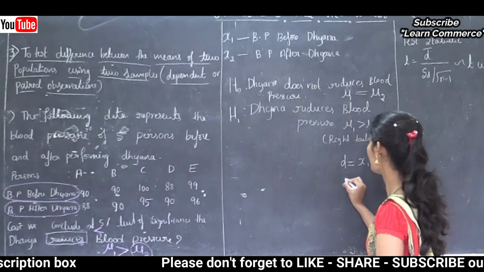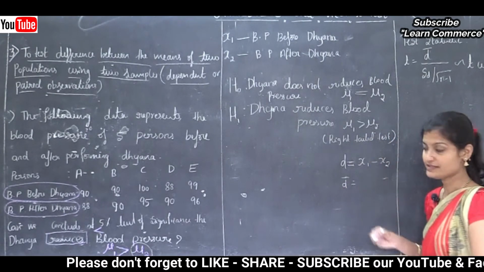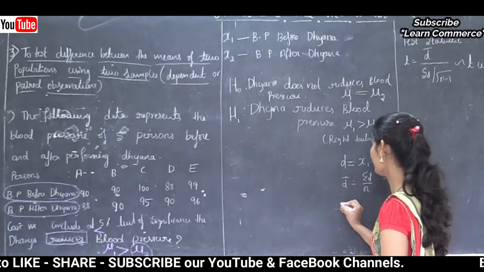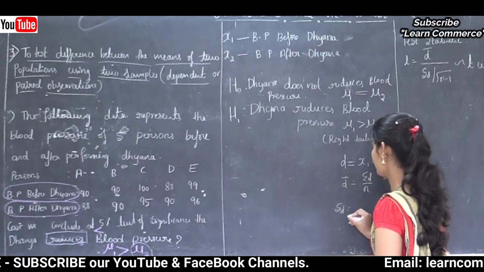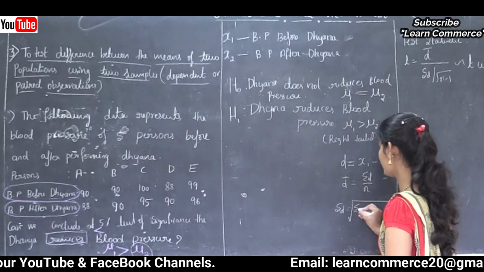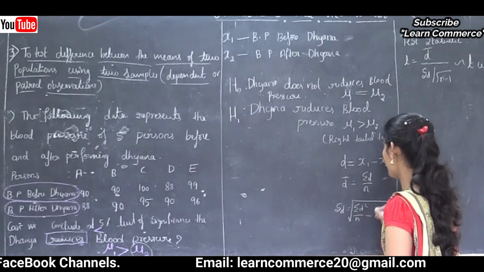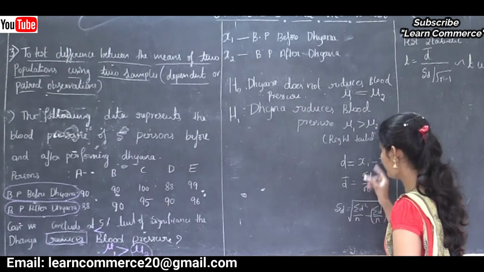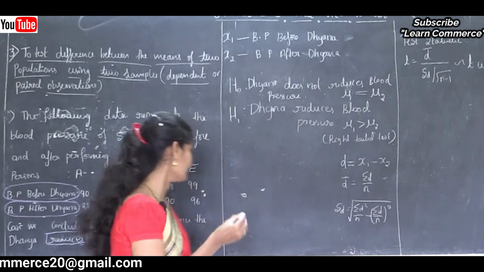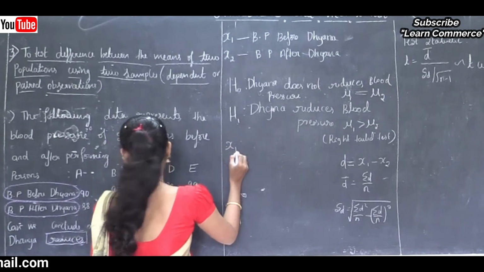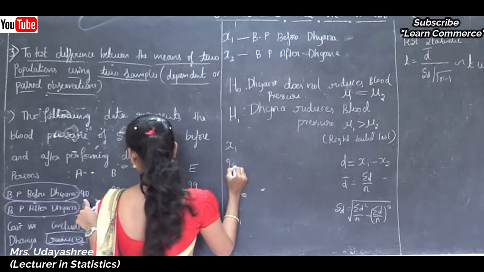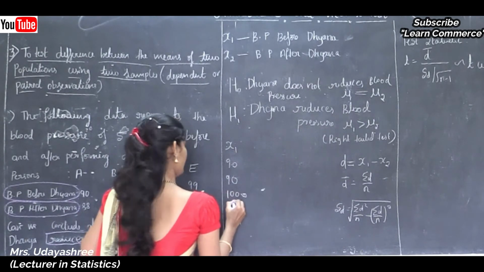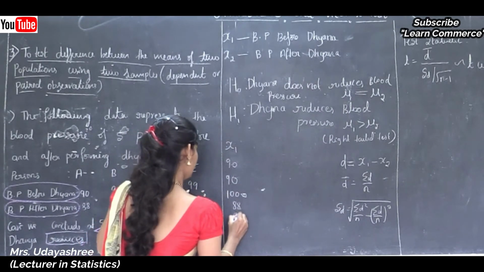Then next we need to find the mean of this difference. So that formula is summation d divided by n. Next we need to find the standard deviation. So that formula is square root of summation d square divided by n minus summation d divided by n whole square. So here the given observations I will write here. Here the given observations, that is x1 observations are 90, 90, 100, 88 and 99.